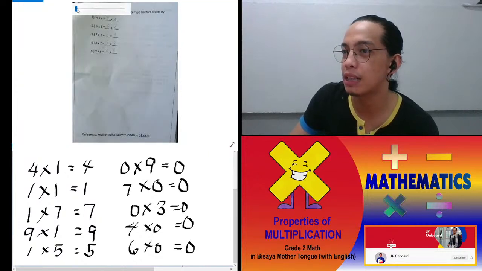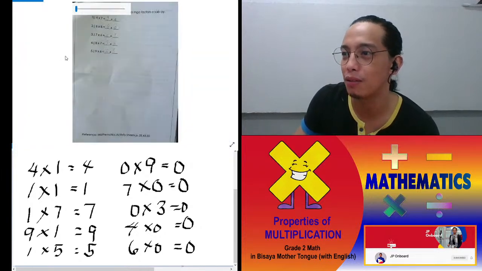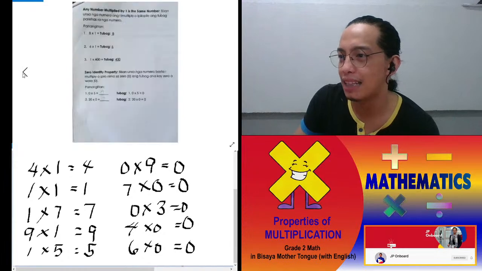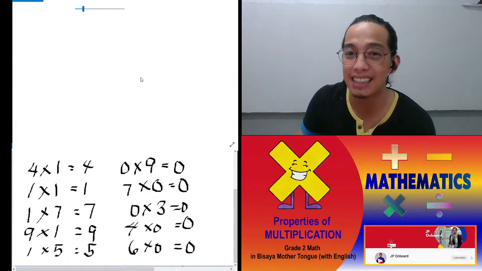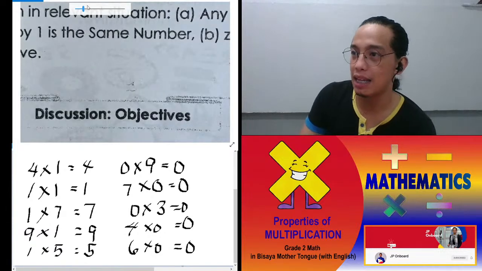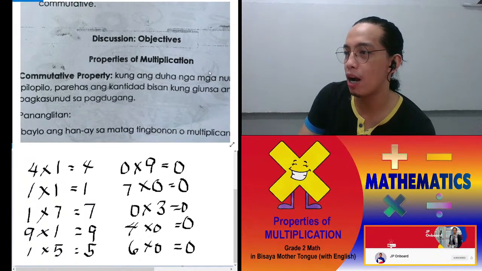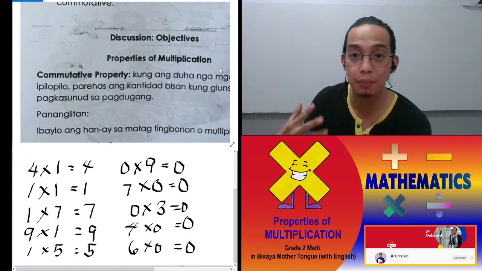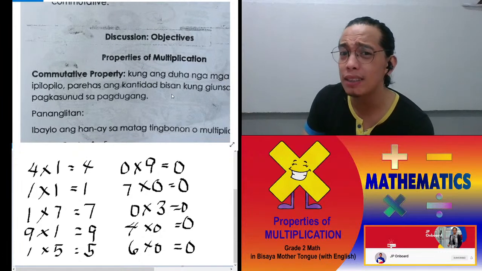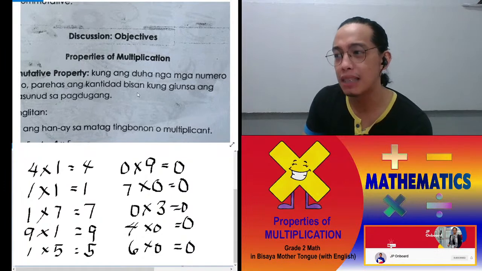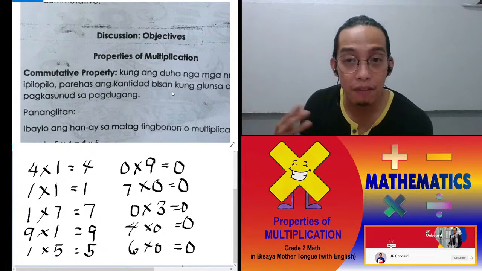Okay, we have another one. I will read that again to be sure. That is the commutative property of multiplication, which tells us that when two numbers are multiplied to each other, the quantity or answer is the same however they are arranged.